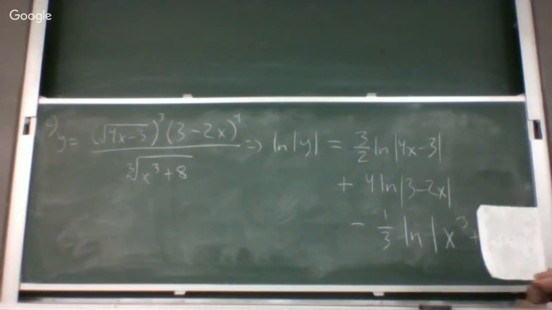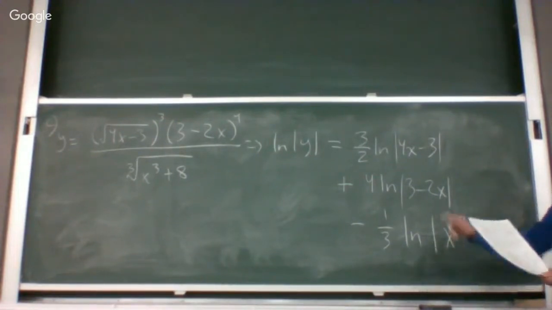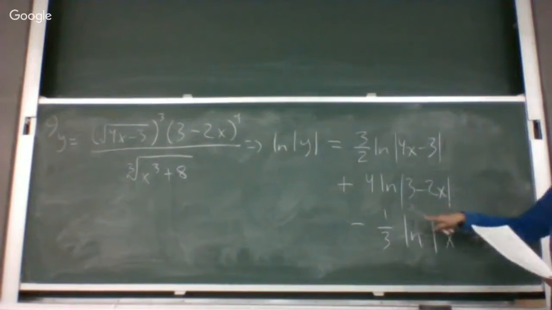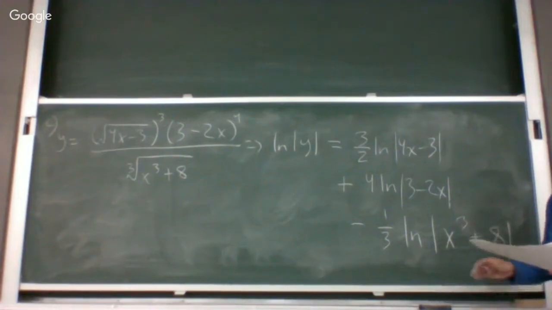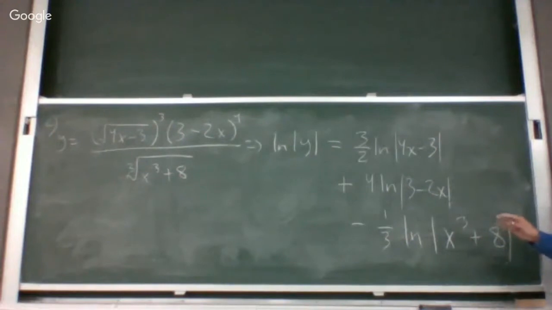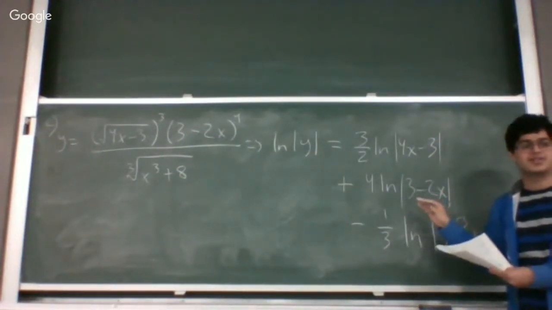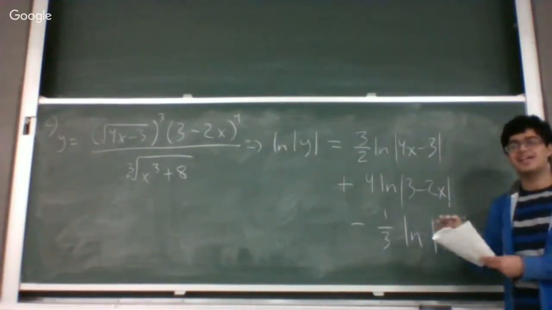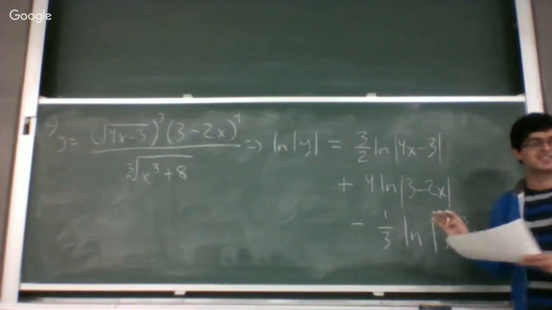But I don't see anything wrong with this if you put absolute value signs on everything. Then the absolute value signs go away. But in this step, just put the absolute value signs. I'm like 99.9% confident that that won't be wrong. Okay?